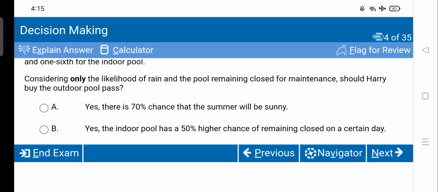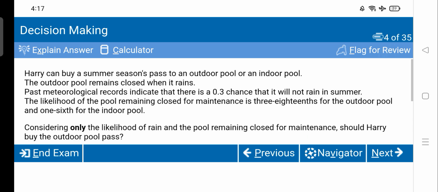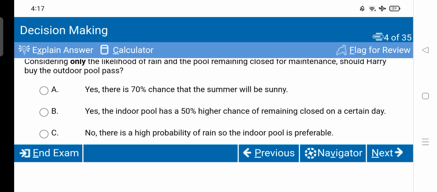Option A. Yes, there is 70% chance that the summer will be sunny. Option B. Yes, the indoor pool has a 50% higher chance of remaining closed on a certain day. The outdoor pool remains closed when it rains. So, option A we have yes, there is 70% chance that the summer will be sunny.